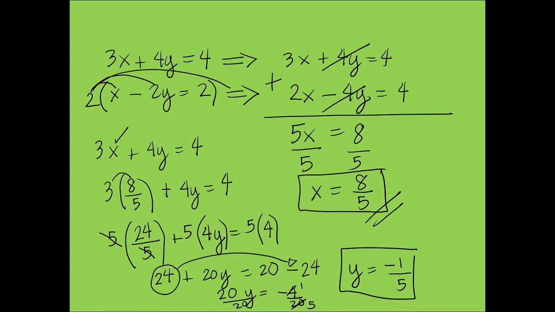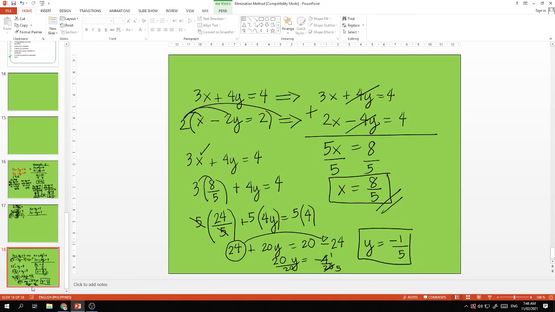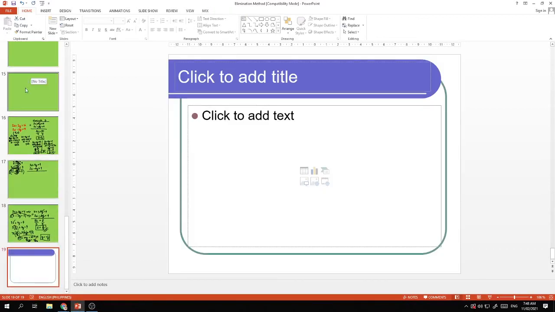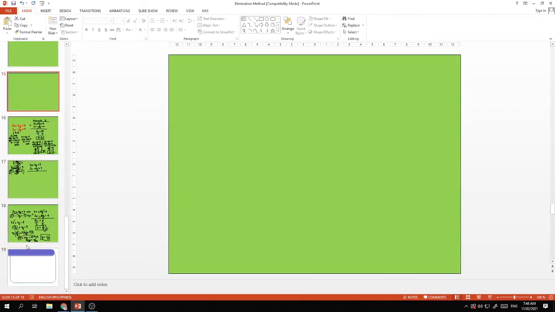Is this example clear? Let's have another example here. Oh, sorry, I'm going to have a new slide. I'm going to keep this first. Okay, section Ruby, what if you're given this?